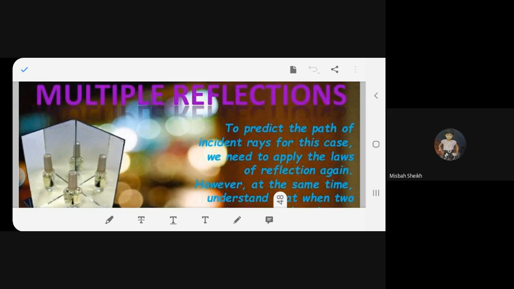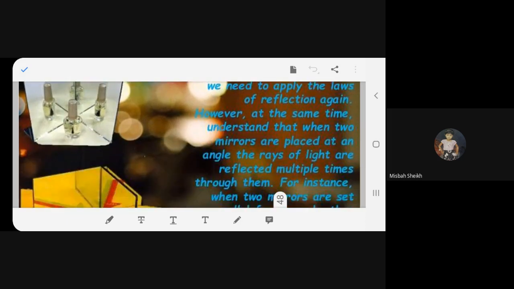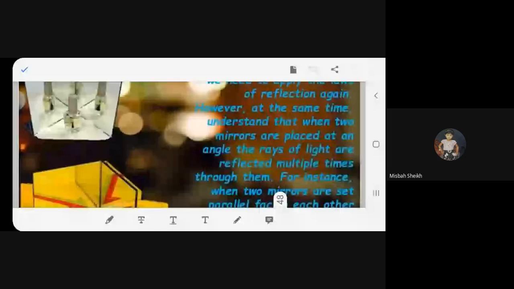Multiple reflection. To predict the path of incident rays for this case, we need to apply the laws of reflection again. However, at the same time, understand that when two mirrors are placed at an angle, the rays of light are reflected multiple times through them.